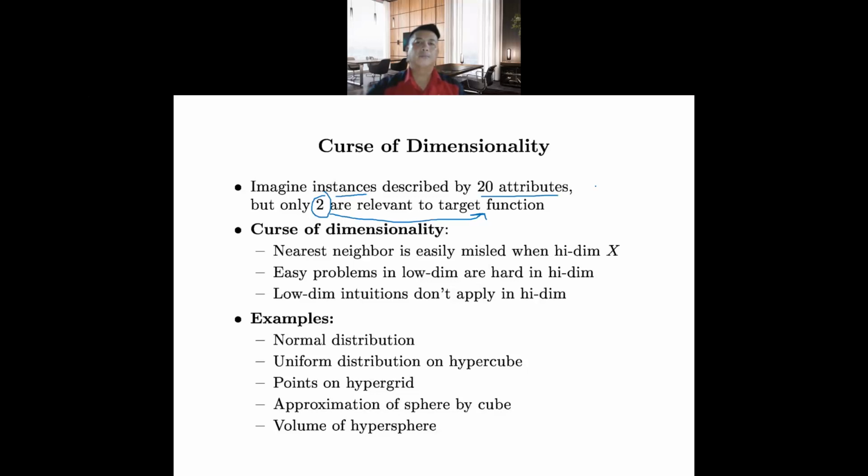So we can use entropy first to select the features, or we can perform some pre-processing. In the case of high dimensionality, nearest neighbor is easily misled. If you have more than 20 features, it's better to reduce the number of features by at least 75%. Easy problem in low dimensions, hard in high dimensions.